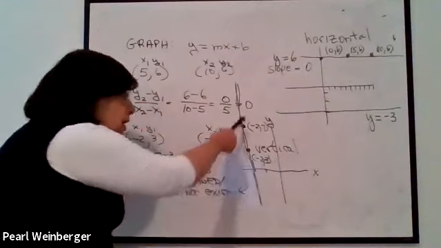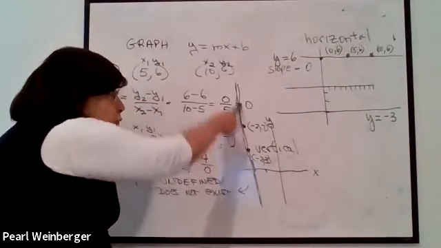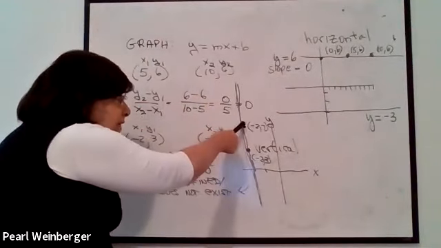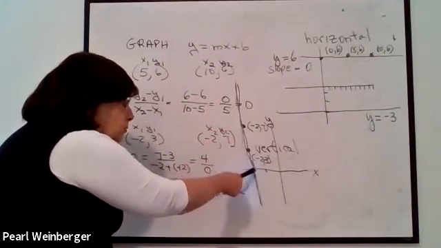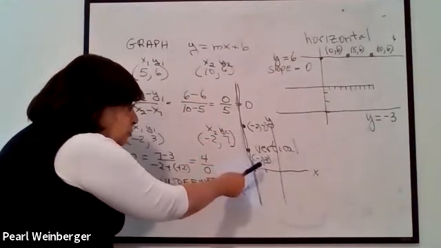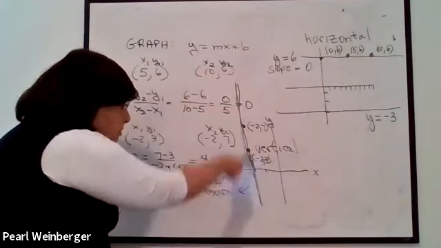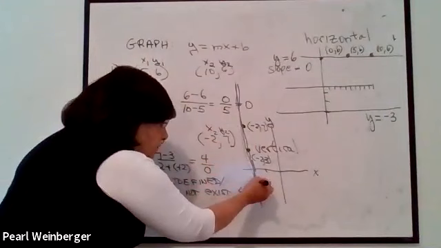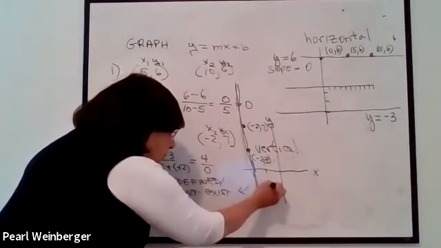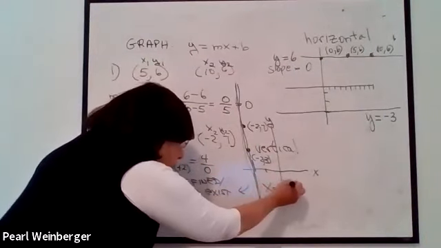Also, if you look at this line, all the points on the line have their x to be -2. As a matter of fact, it has an x-intercept of -2. Never crosses the y-axis, it just crosses the x-axis. Therefore, its equation is x equals -2.